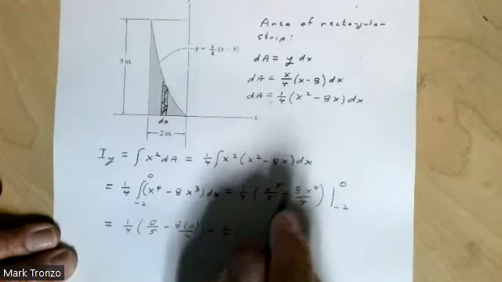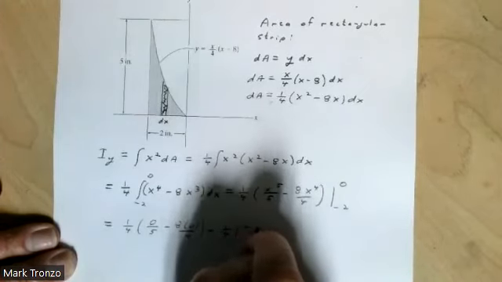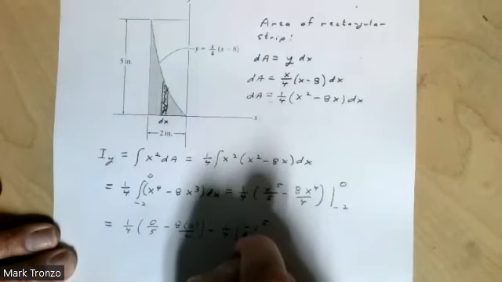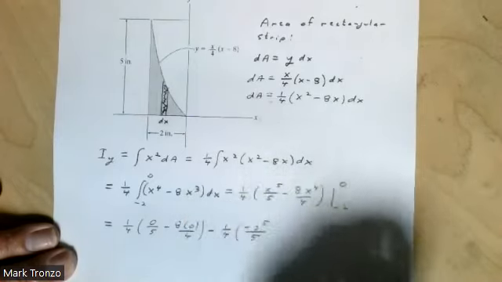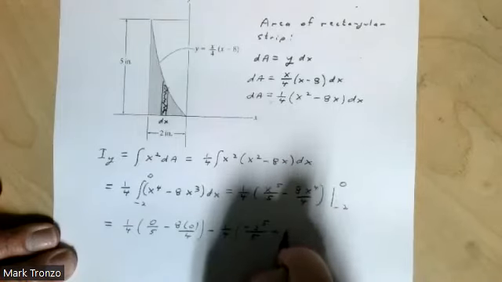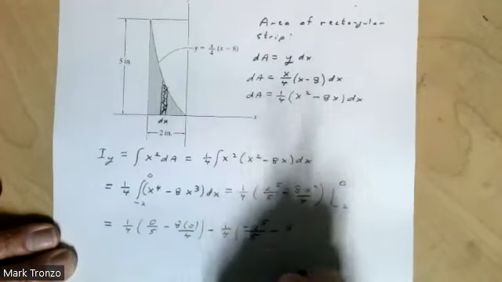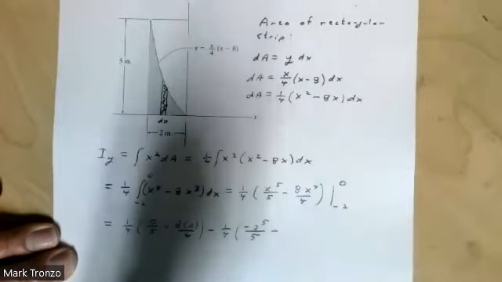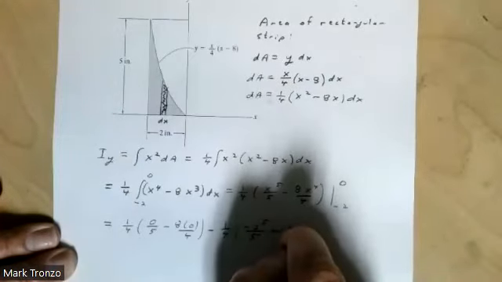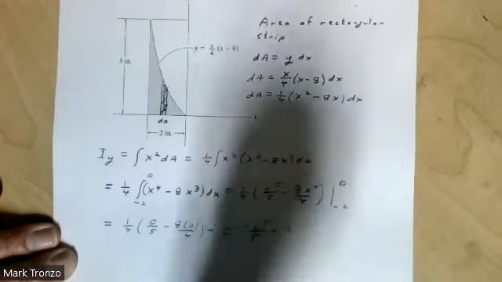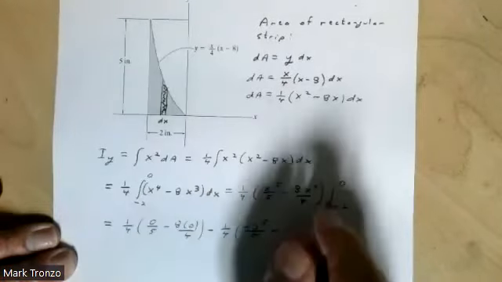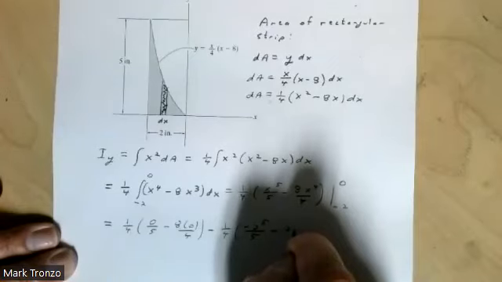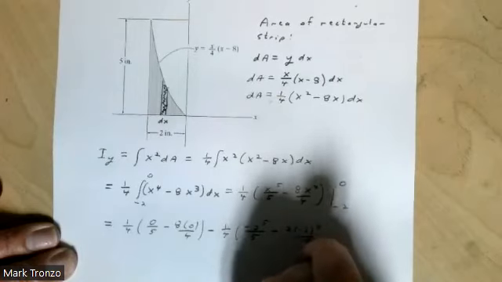1/4, and there's going to be -2 up here, -2 to the 5th, divided by 5. And over here, there's going to be -8. Actually, we can make this 2, can't we? 8 divided by 4 is 2, times -2 to the 4th over 4.